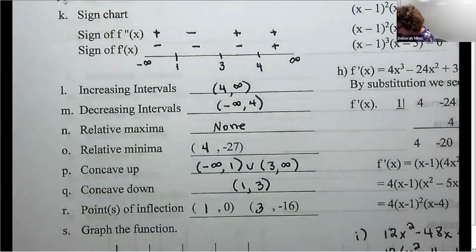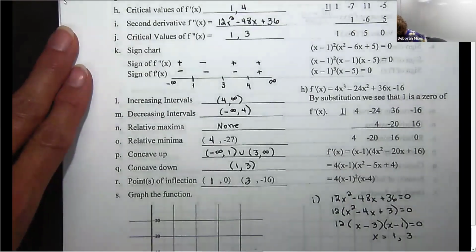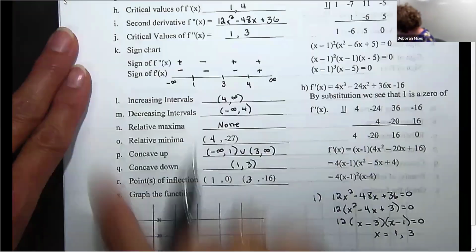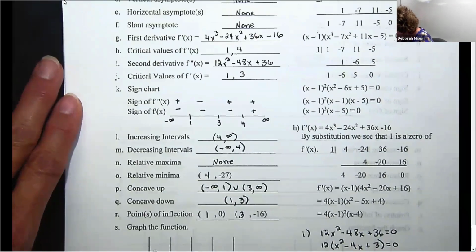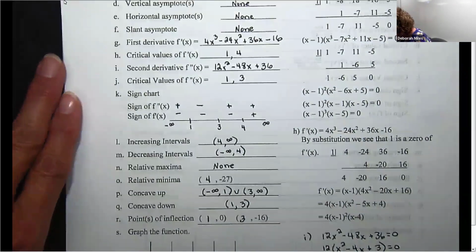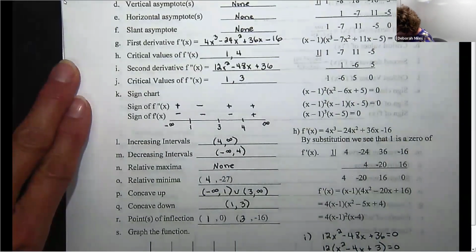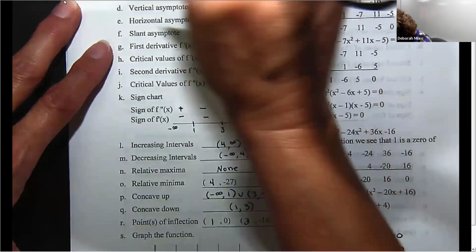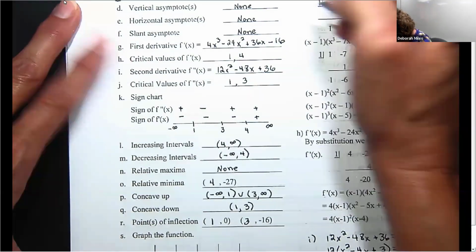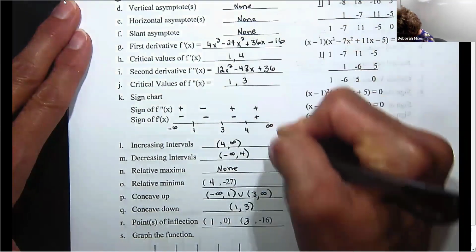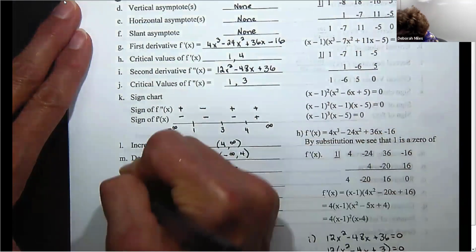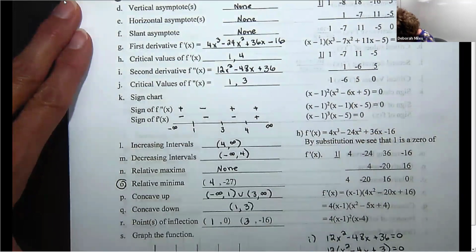Now, how do we put this all on a graph? Which sections actually of A through S, which one actually gives us points that we can graph? B gives us points. C gives us points. O gives us points.